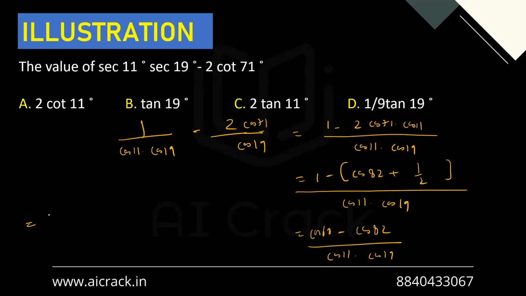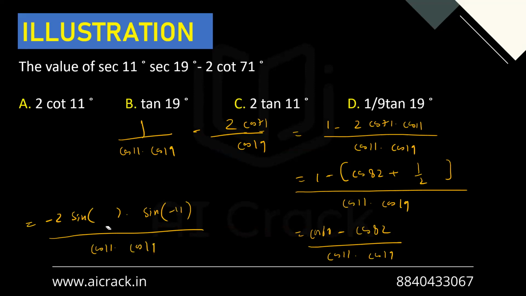That gives me minus 2 sine c plus d by 2 sine c minus d by 2, right? So we'll be getting minus 2 sine c plus d by 2. That gives me 60 plus 82, that is 142 by 2 dot sine of c minus d by 2. That gives me 60 minus 82, that is minus 22 divided by 2, that is minus 11, divided by cos of 11 dot cos of 19.